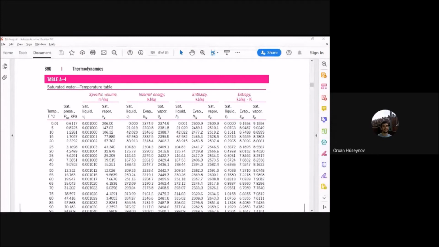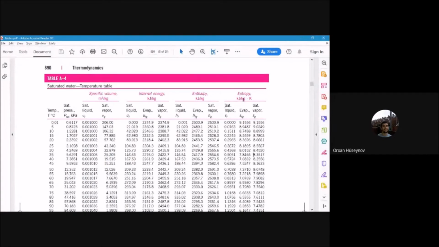Now we will use the entropy part, which is the saturated liquid SF, then evaporated, and at the last part the saturated vapor SG. The difference between SG and SF is given as SFG. This is the entropy change during evaporation, boiling, or condensation.